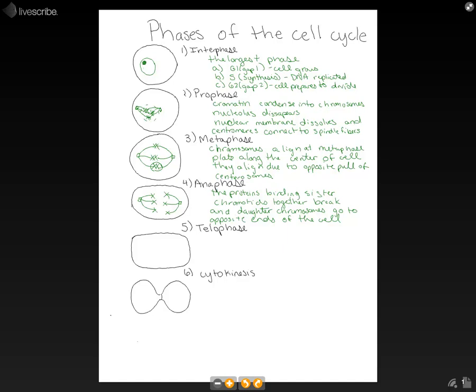Now in telophase, we're essentially undoing prophase. The spindle fibers disappear. Nucleolus reappears. Our nuclear membrane is formed.